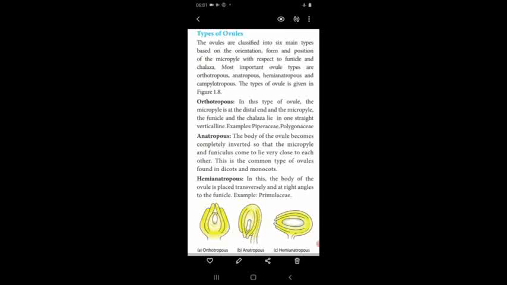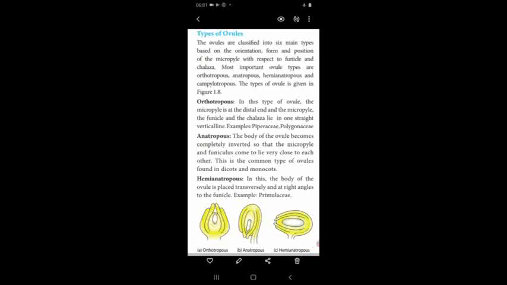All of them are in the same position. When you draw a straight line, they come in one straight vertical line. So this type of ovule is called orthotropous ovule. Example, Piperaceae and Polygonaceae.